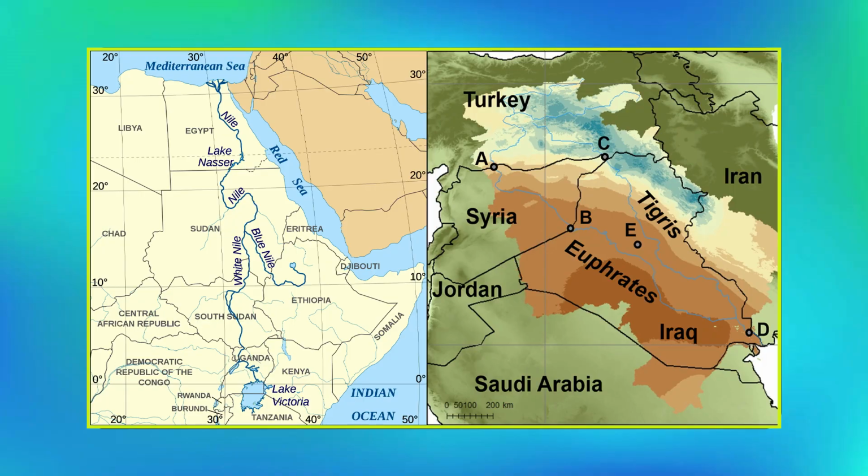The behavior of the Indus is comparable with the two other river systems that were also the cradle of important ancient civilizations, the Nile and the Euphrates Tigris river system. A comparison of this type may help us place the Indus system in the proper perspective.